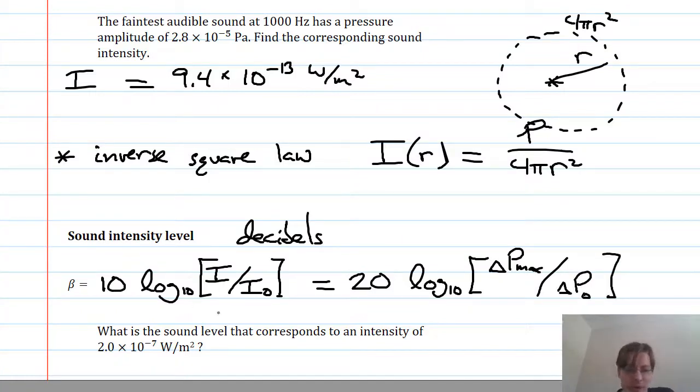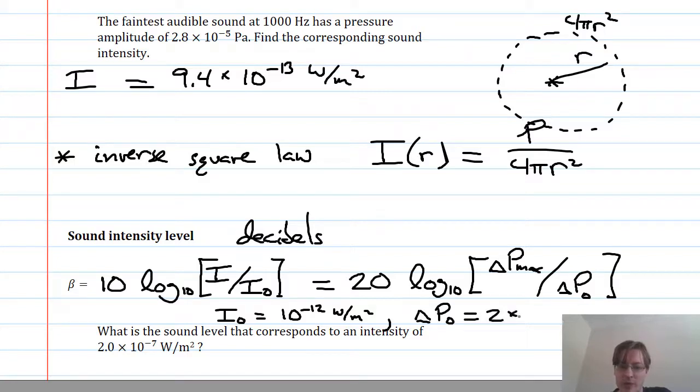So let me write those values. I naught is 10 to the minus 12 watts per square meter, which corresponds to a reference pressure, delta P naught, of about 2 times 10 to the minus 5 pascals. So that's how you calculate decibels. That's the volume scale that we use.